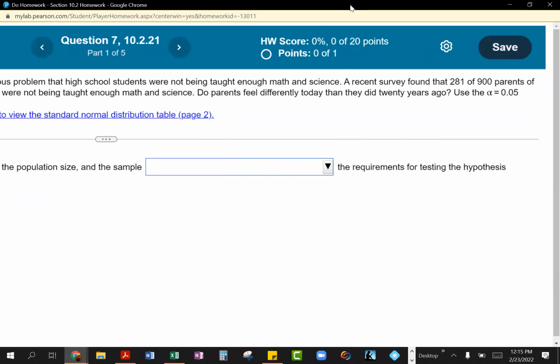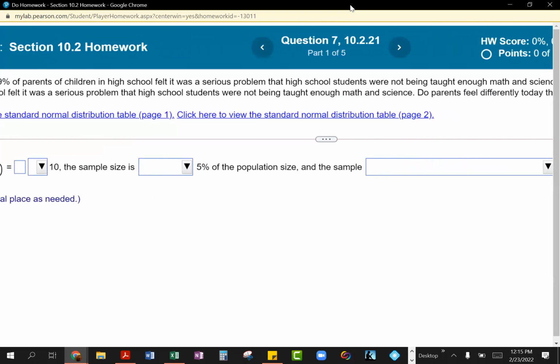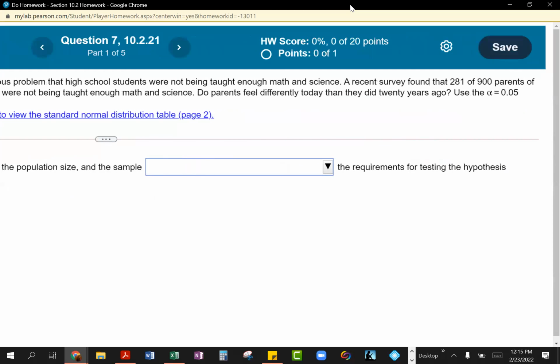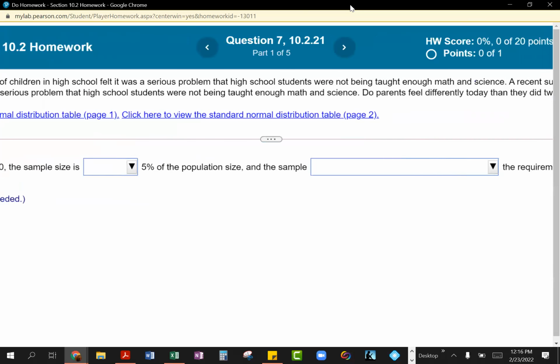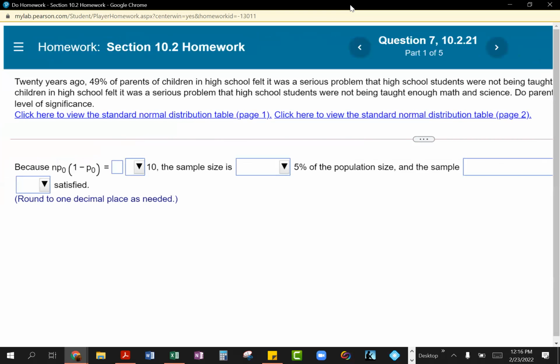Now, a recent survey found that 281 of 900 parents of children in high school felt that it's a serious problem that students are not being taught enough math or science. So they are basically asking us, do parents feel differently over this 20-year period? So you've got 49% from the previous result, 281 out of the 900 now, right? And they say to use alpha as 0.05 as your level of significance.